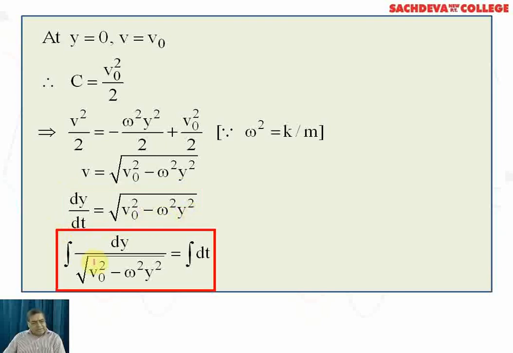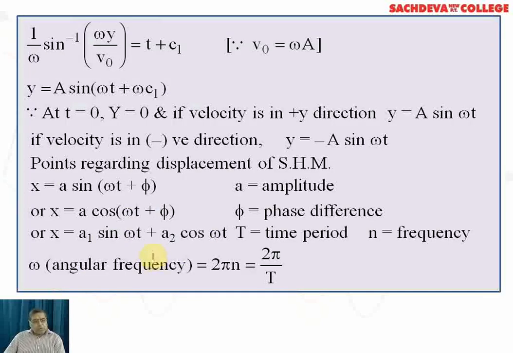Now we have integrated the function, and it is equal to integration 1 dt, that is t only. Elaborating this in terms of an inverse function, the result comes as 1 over omega sine inverse omega y over v naught is equal to t plus c1, because v naught is omega a.